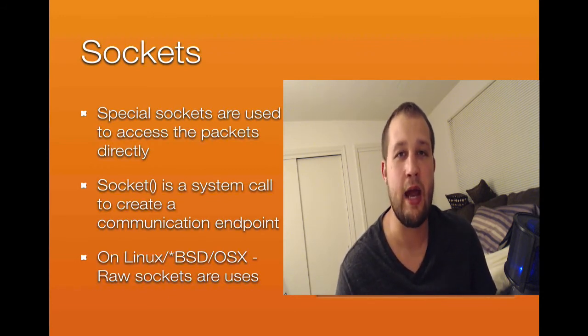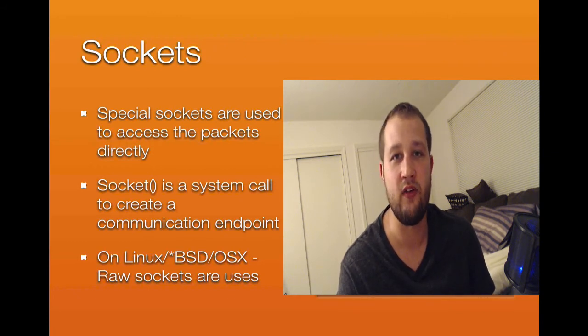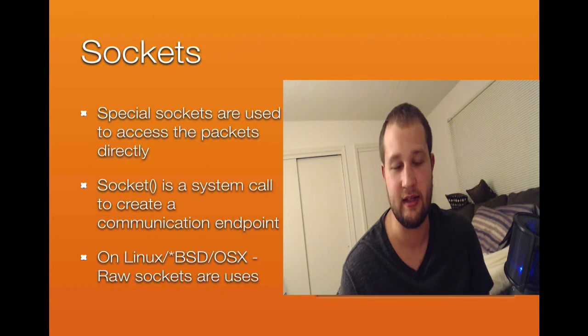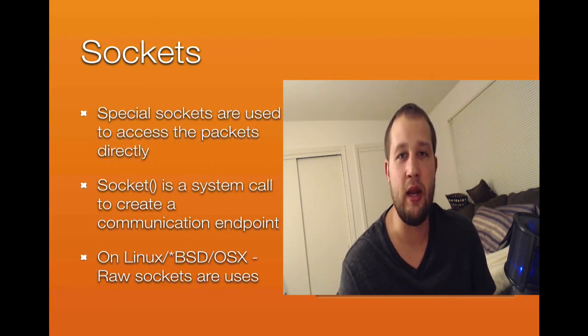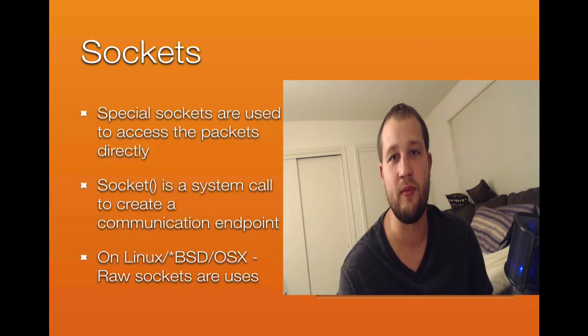That is, it is able to retrieve the headers of the packets all the way down to the link layer. So we consider this a special socket that gives direct access to packets. Also, a socket in its programmatic definition is a system call. It is a way to ask the operating system for resources from the hardware.